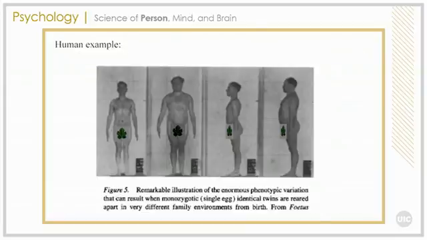Here's finally back to the world of humans. Human example, these guys are twins. They've been, for filming purposes, sanitized. These guys are twins. One of them, the one who is much smaller than the other, they were adopted early in life. They grew up in different households.